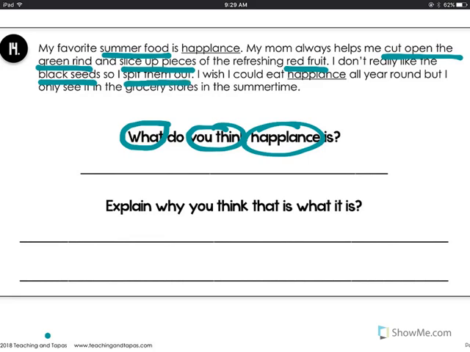So to me that tells me that they're tiny seeds. So all these clues put together definitely tell me, well, I only know one kind of fruit that you have to cut open and slice up that's red and with black seeds that you like to spit out. So this is a watermelon.